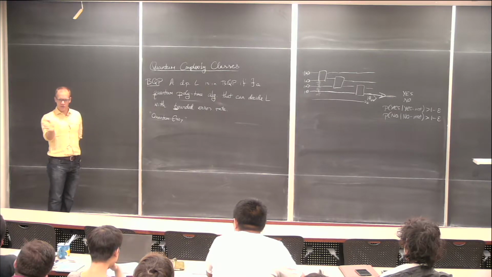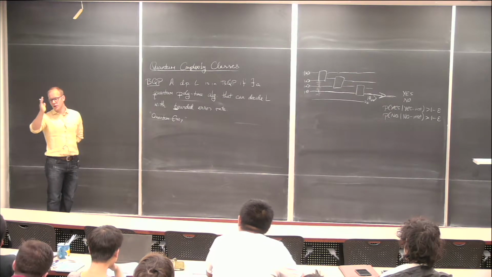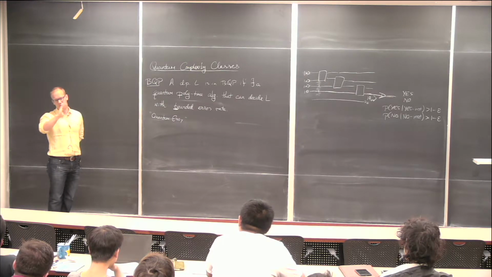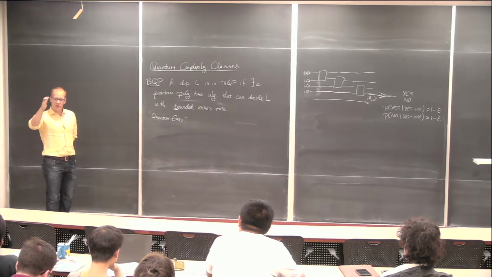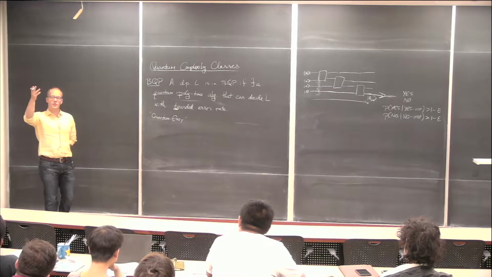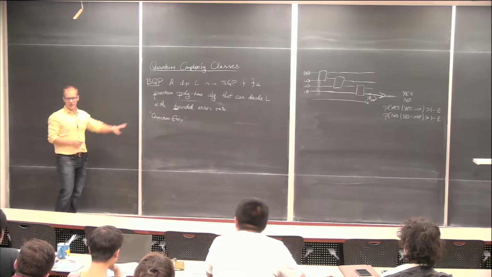If you have 4 objects, it turns out there's a rotation you can do, and if you have ideal gates, it gives you probability 1 of getting the right answer after 2 or 3 steps, something like that. And if it's not that, then you don't hit it exactly, but your probability of getting the right state becomes close enough to 1 that you can use the algorithm. So that's the same error, essentially, here.